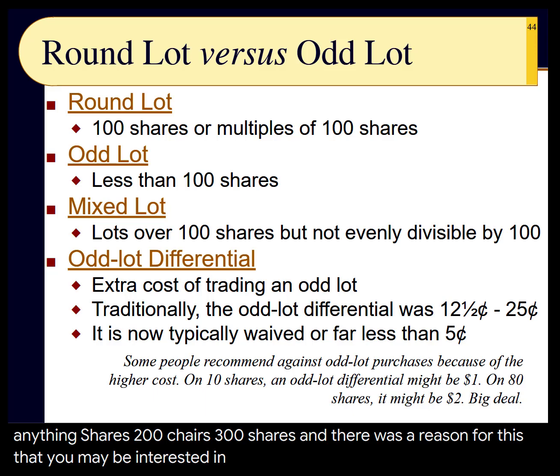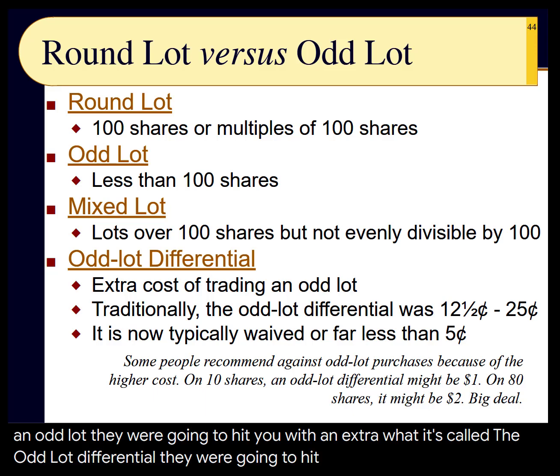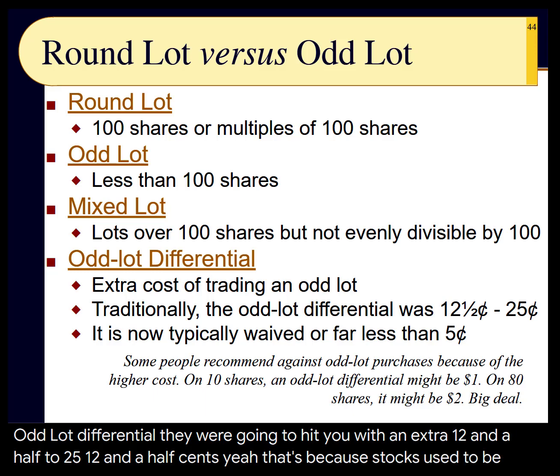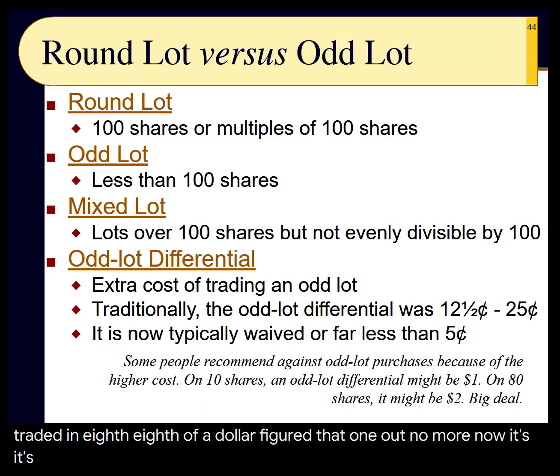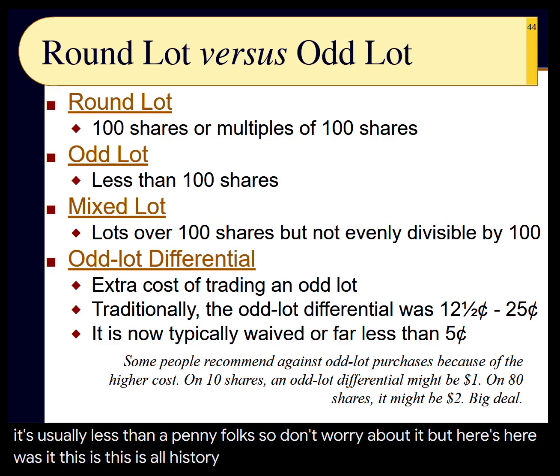I'll describe it really quickly. If you traded an odd lot, they were going to hit you with an extra, what's called the odd lot differential, an extra 12.5 cents. That's because stocks used to be traded in eighths of a dollar. Figure that one out, no more. Now it's usually less than a penny, folks. So don't worry about it. This is all history, because it's all electronic now.